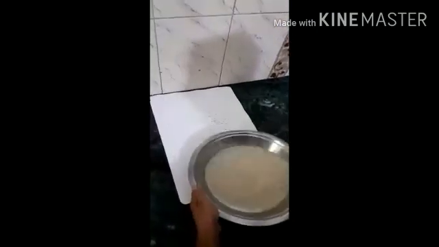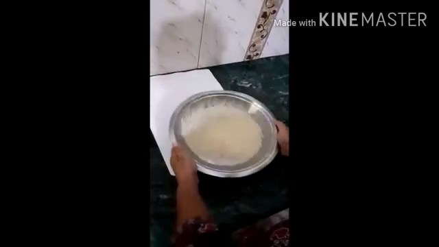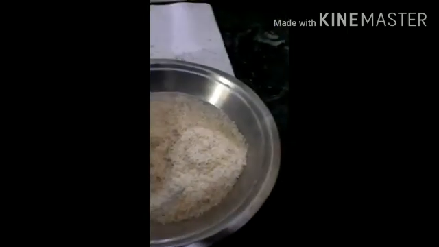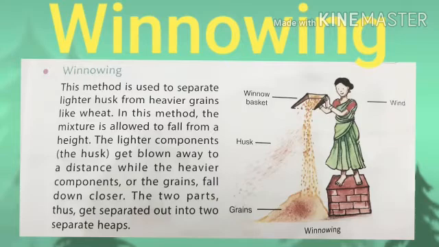See what I am going to do for you. I am shaking the mixture in such a way that wind can blow by this up and down movement, and this wind helps to separate out the lighter husk from the rice grain. Here you can see the lighter husk comes before and the heavier rice is behind. This method is known as winnowing.